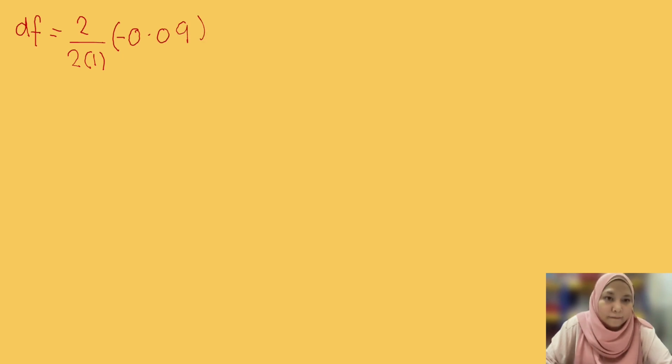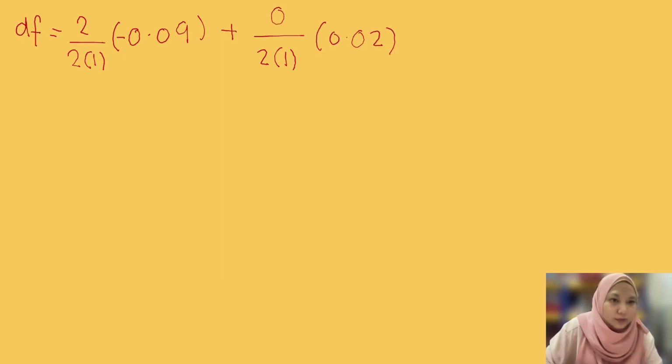After substituting all the values into the change in f, we get 2 over 2 multiplied by 1, our change in x, negative 0.09, plus 0 over 2 multiplied by 1, change in y, 0.02. Calculate this using the calculator, you get negative 0.09. This is not the final step yet.